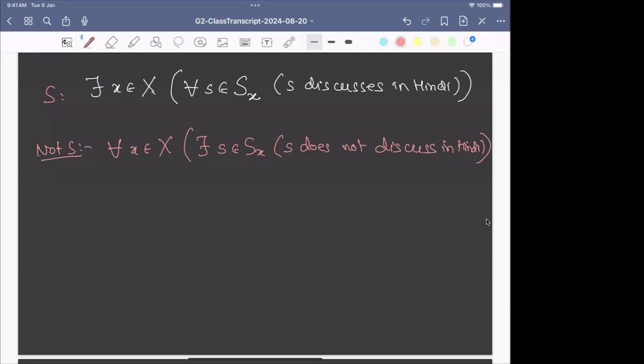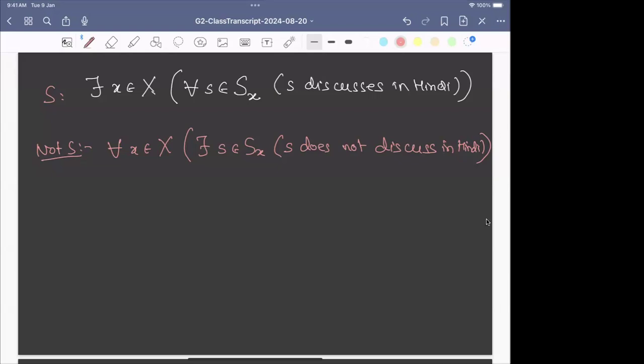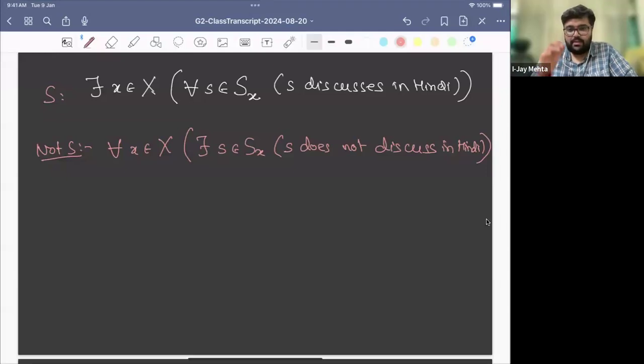If S discusses in English, then what is the problem? Because they may be discussing in Marathi or some other language also. So not Hindi does not mean English, right? It can be Marathi also. Okay, good.